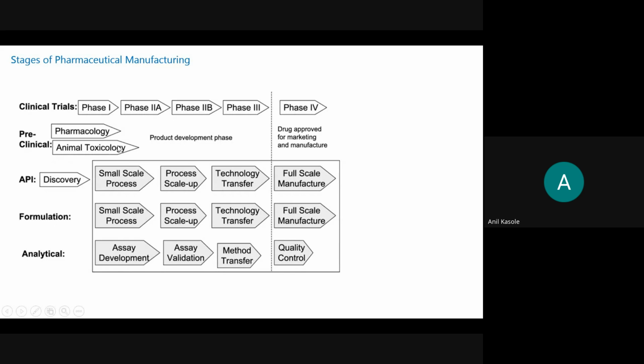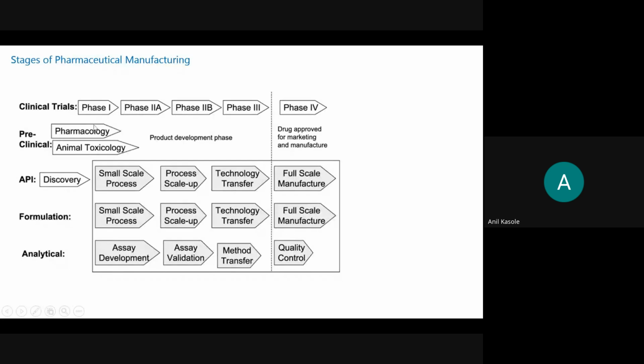So during phase 1, phase 2 A, B, and phase 3, what is API doing, what is formulation doing, what is analytical doing. For example, in the preclinical and phase 1, it's pharmacology and animal toxicity, and phase 2 is the product development phase. However, in API, again, it's a small-scale process setup, technology transfer.